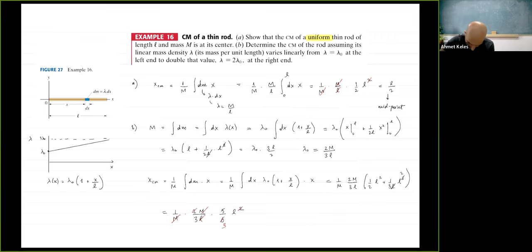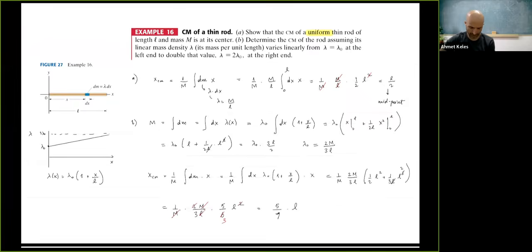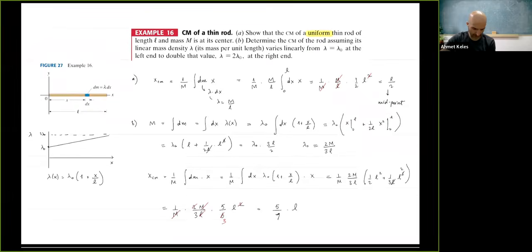If I didn't mess up, I found something like 5 over 9 times L. So what this means is, initially it was right at the midpoint, now it's shifted a little bit, right? Because 5 over 9 is a little bit closer to this side than this side, which makes sense. Maybe I can write shift to right.